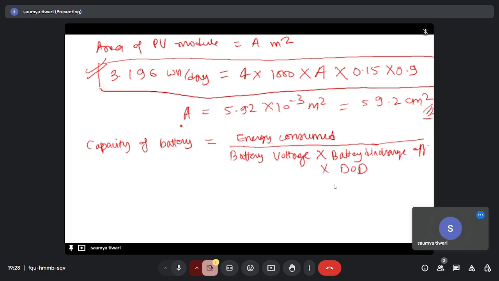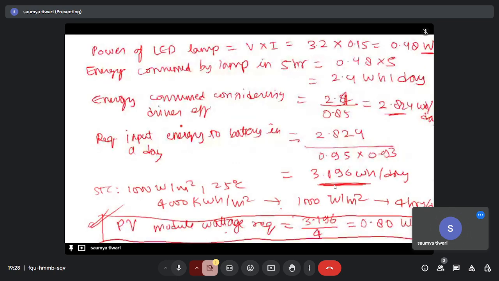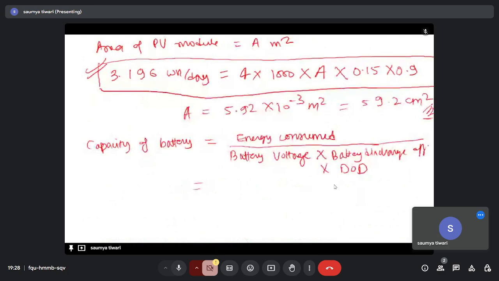Okay, so your energy consumed was, so this value was 2.824, right? So this was 2.824.